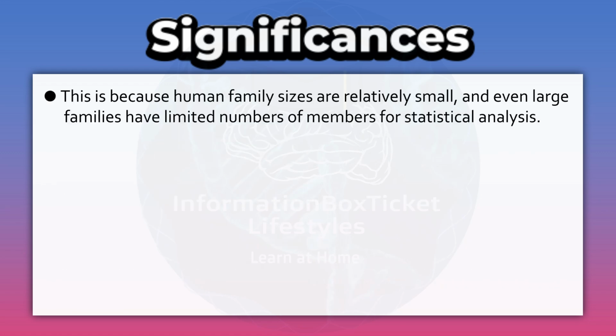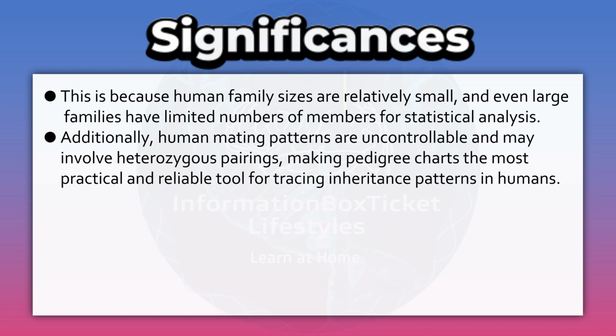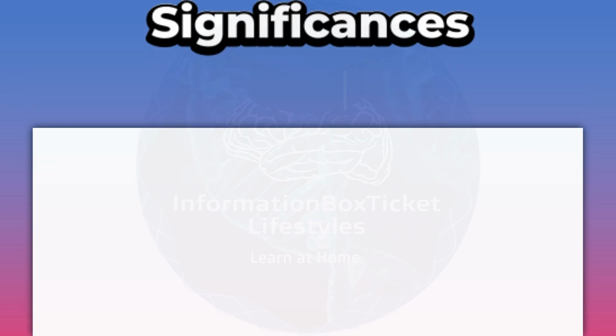This is because human family sizes are relatively small, and even large families have limited numbers of members for statistical analysis. Additionally, human mating patterns are uncontrollable and may involve heterozygous pairings, making pedigree charts the most practical and reliable tool for tracing inheritance patterns in humans.